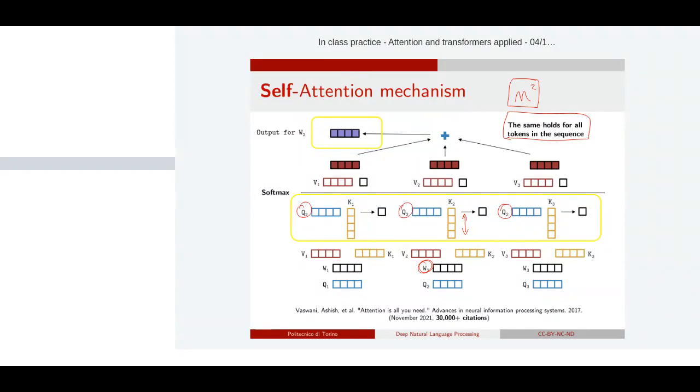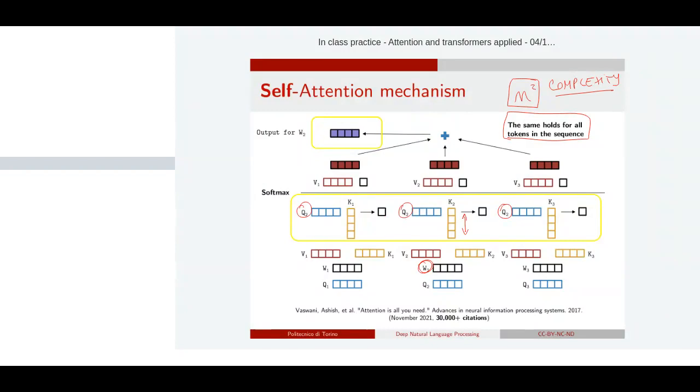For each word, we compute n operations, where n is the number of words in the sequence, because we are computing the dot product by multiplying the query vector by the key vectors of each word in the sequence, so n, but multiplied by n because we are doing this for each word in the sequence. So the complexity of this mechanism is n squared. Is it clear for you?